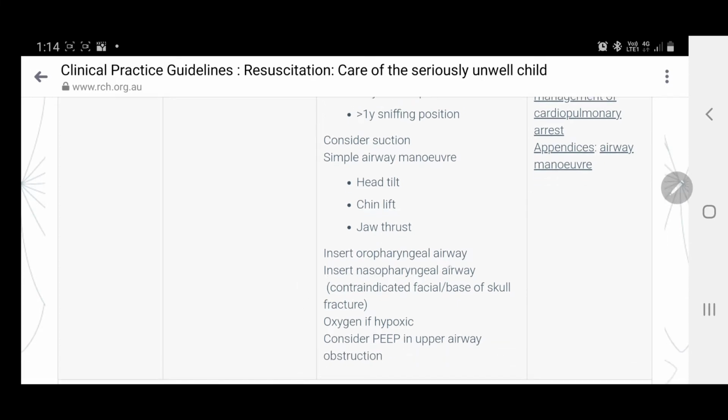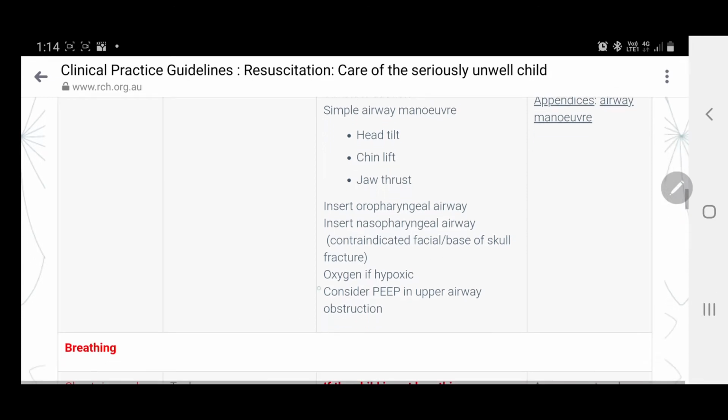We insert an oropharyngeal airway or a nasopharyngeal airway if needed, and they are contraindicated in facial or base of skull fracture. Oxygen, we provide oxygen if hypoxic and consider PEEP in upper airway obstruction.